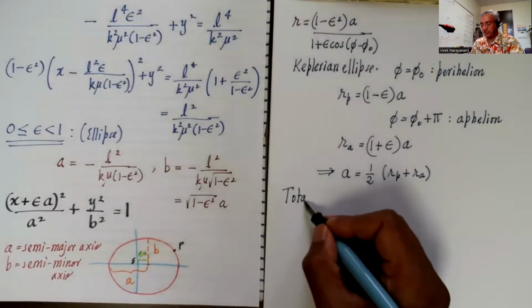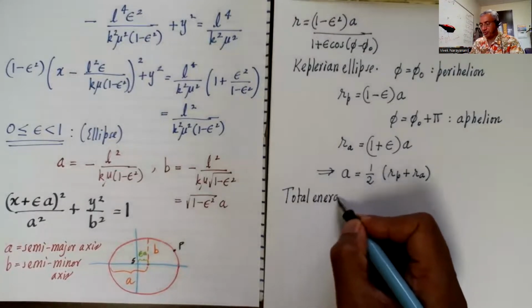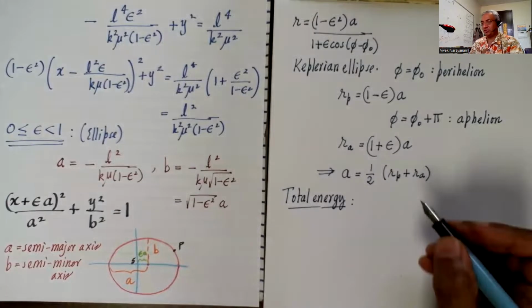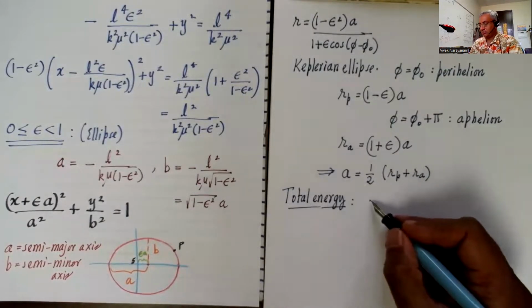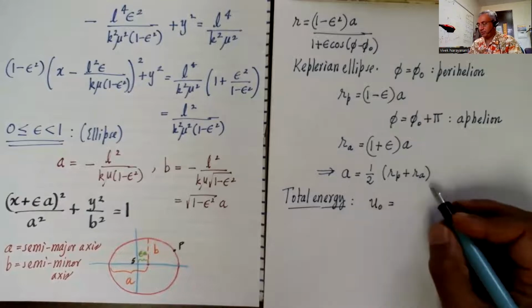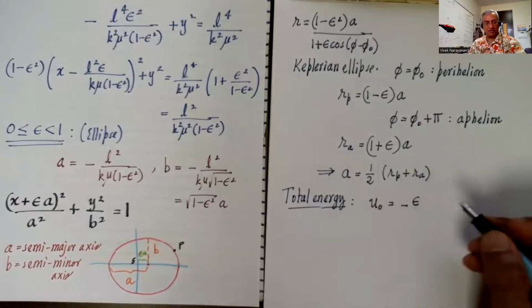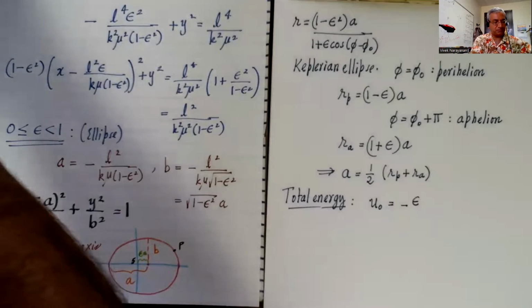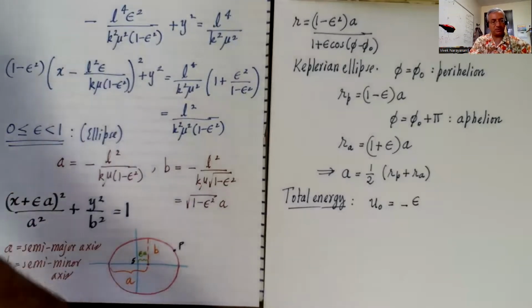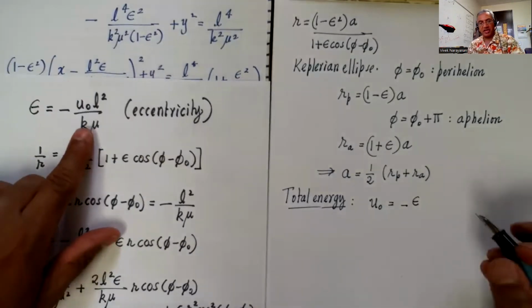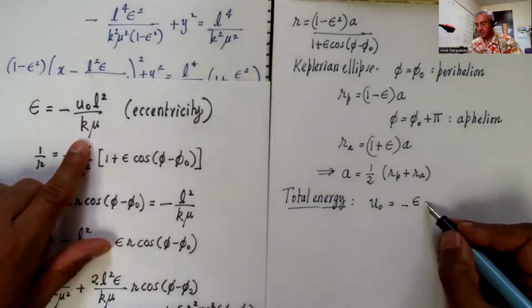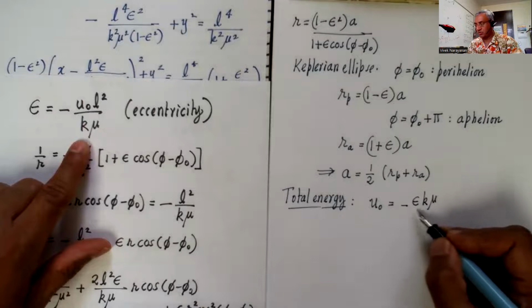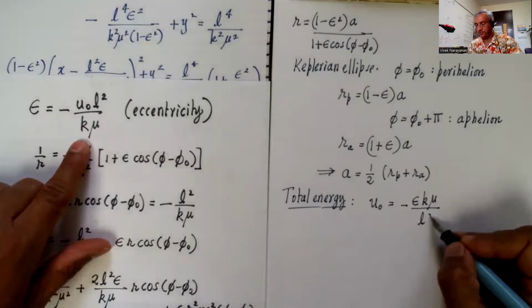The total energy next. We have to prove the total energy is less than 0, so the particle doesn't escape. So let's remember the definition of eccentricity. From that, I'm going to get U naught equals epsilon times k mu over L squared.